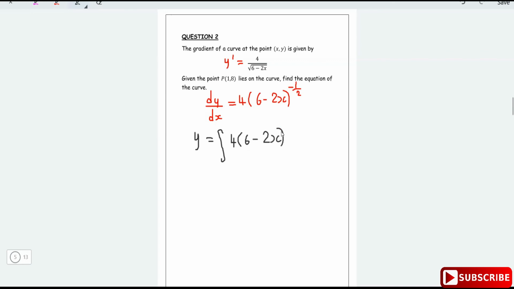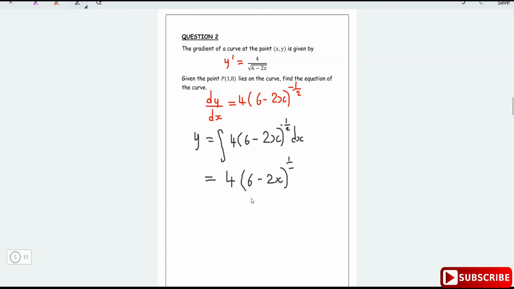Integral of 6 minus 2x to the minus half, and we integrate that with respect to x. Integrating this, we add 1 to the power, so we get 4 times, in bracket, 6 minus 2x to the power of minus half plus 1, which is just a half.